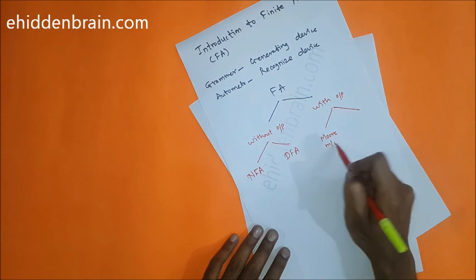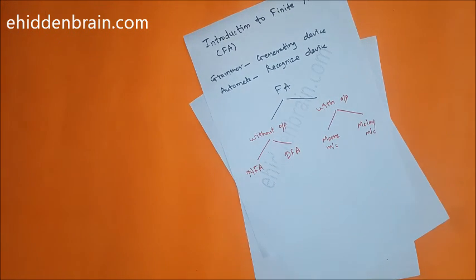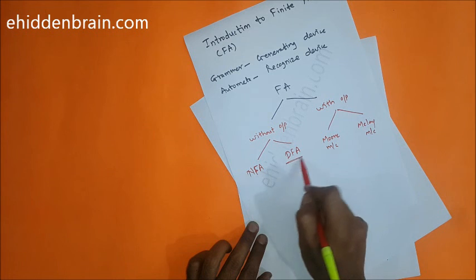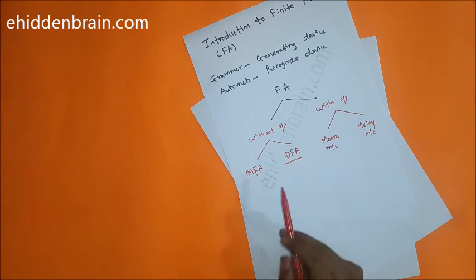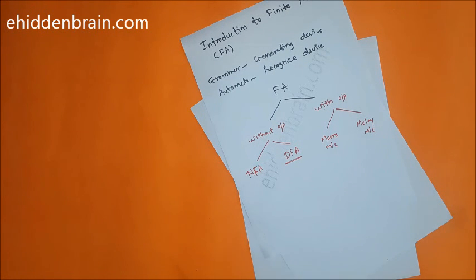So this is very simple about finite automata. Now we'll concentrate on a DFA first, because constructing a DFA is one of the interesting and challenging tasks. So let's try to see what is DFA.